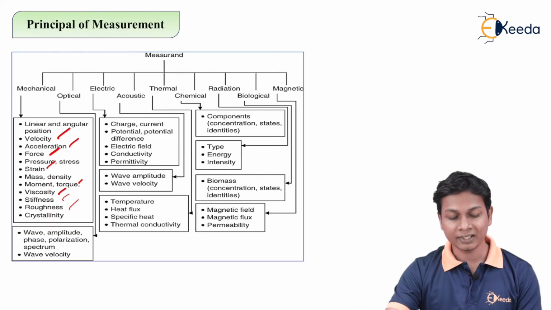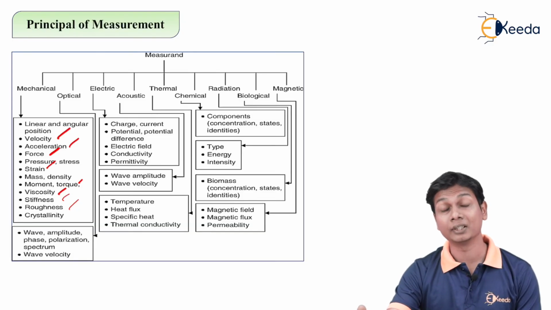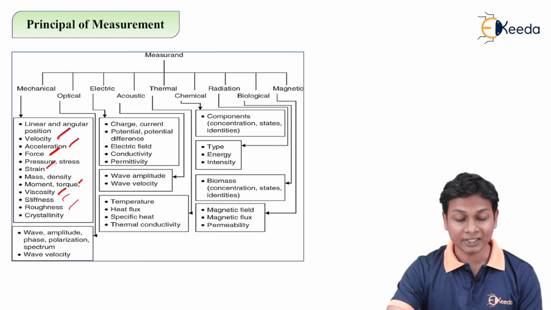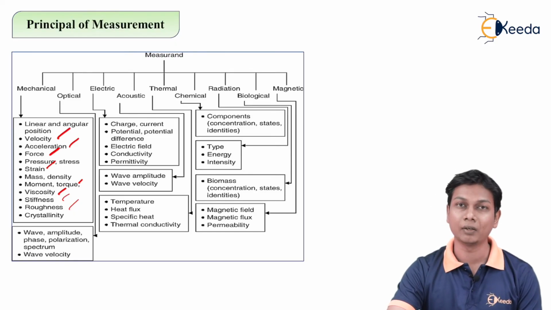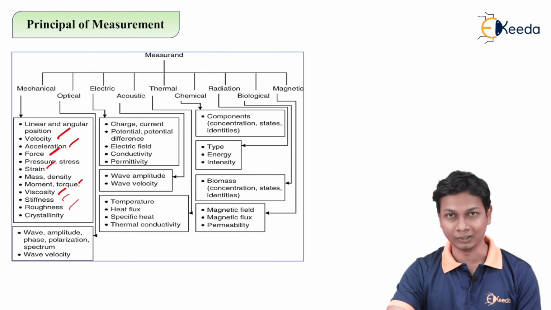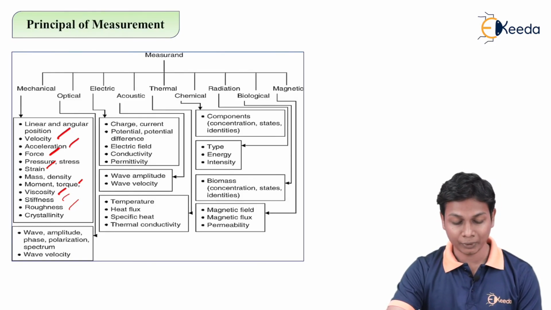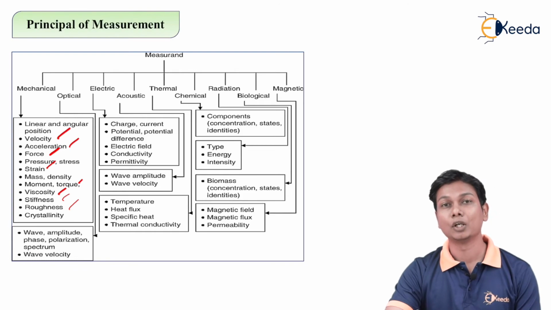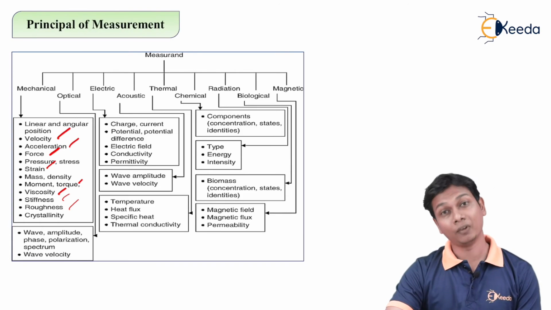So to sense these particular parameters, we require certain sensors, and we will see the sensors in detail later on. Now in the optical field, various parameters are also required, like wave amplitude, phase, polarization, spectrum and wave velocity.